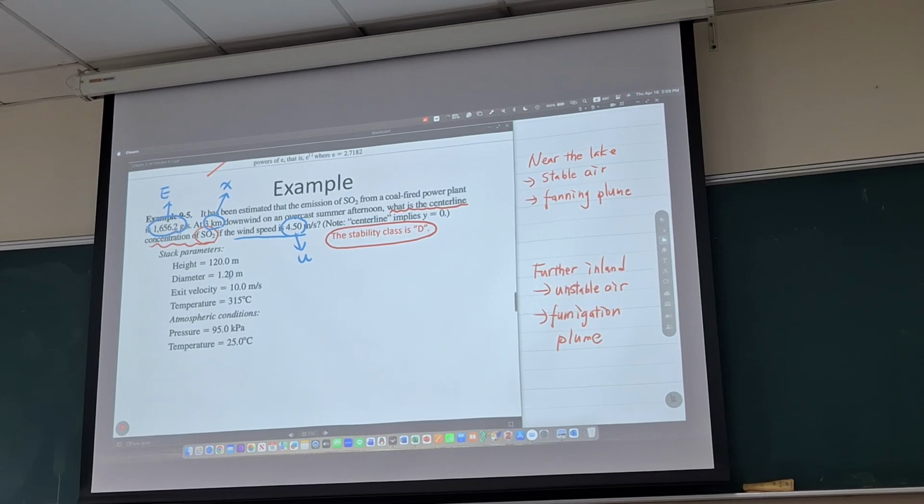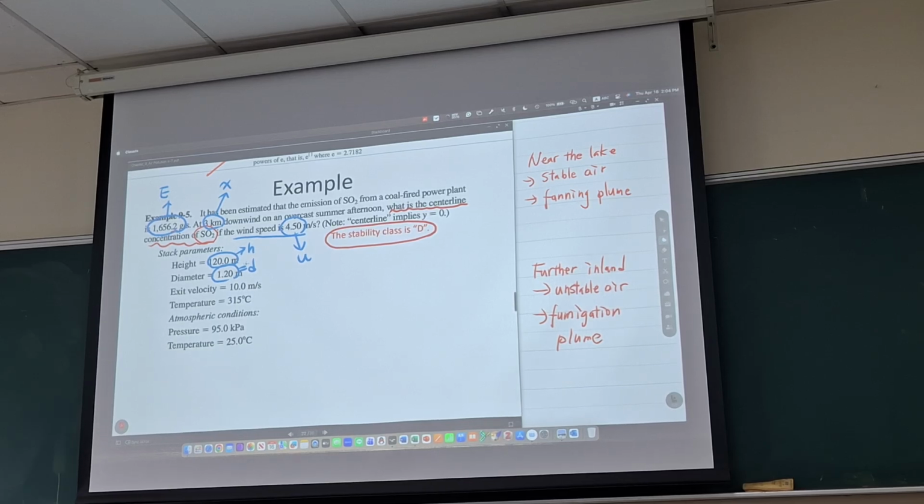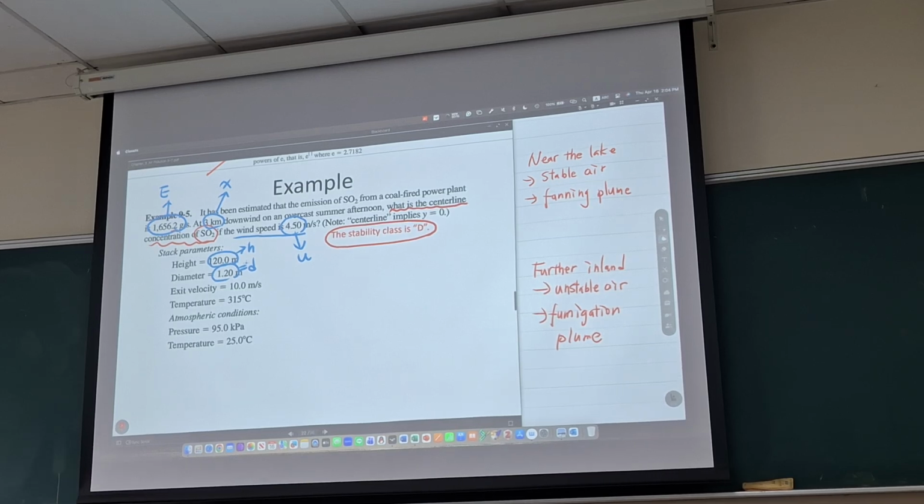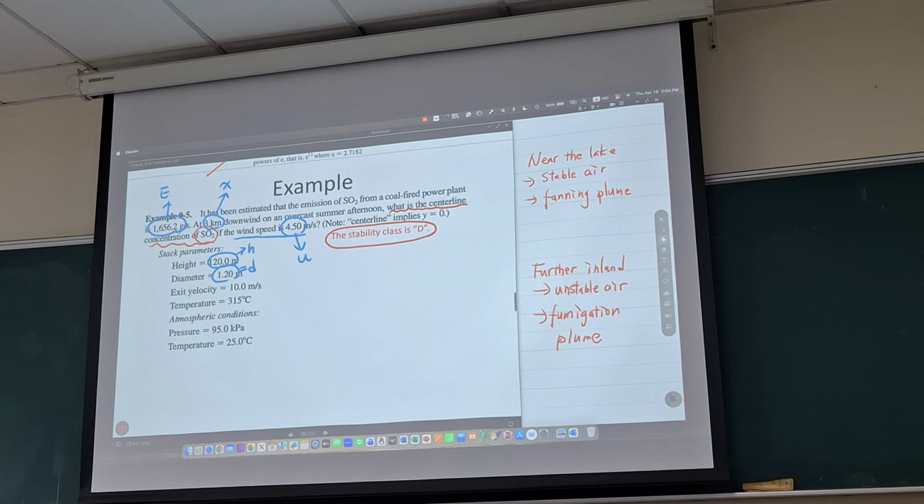Yes, so this is D, the stack diameter. And this is small letter h, the physical height of the stack. And exit velocity, so this is Vs.